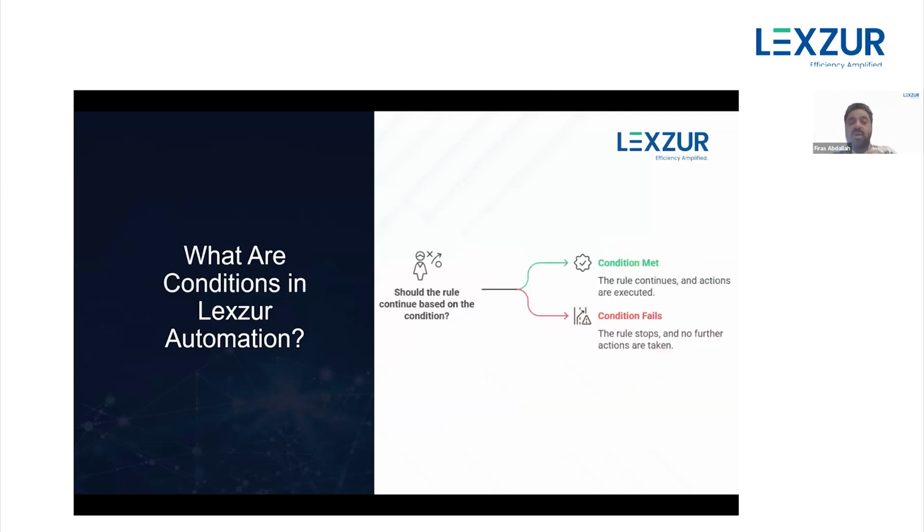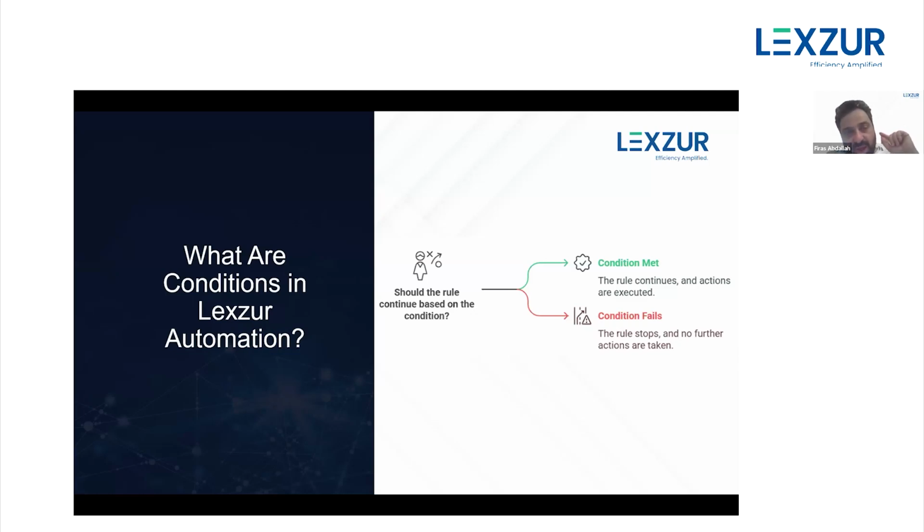The second block, conditions in Lexzur automation, refines your automation rules. The rule continues only if the condition is met. For example, escalate a case only if its priority is marked as high.